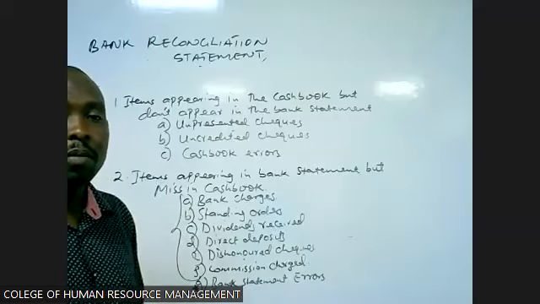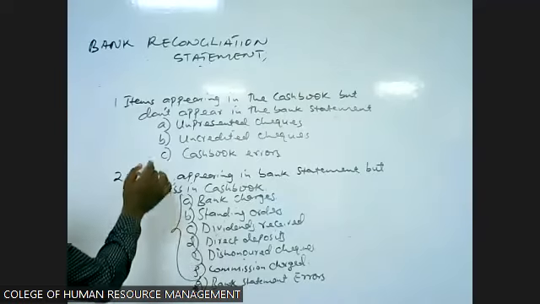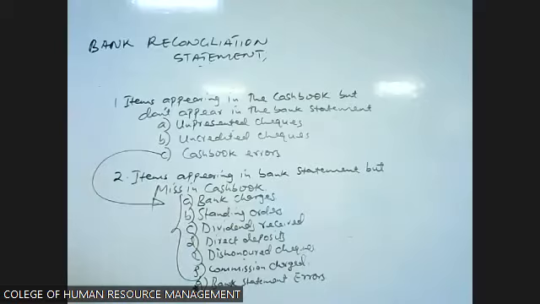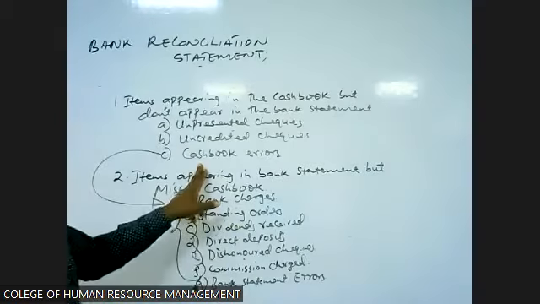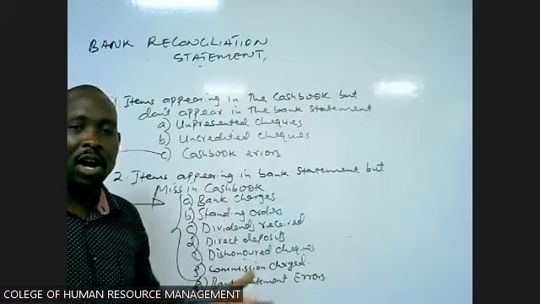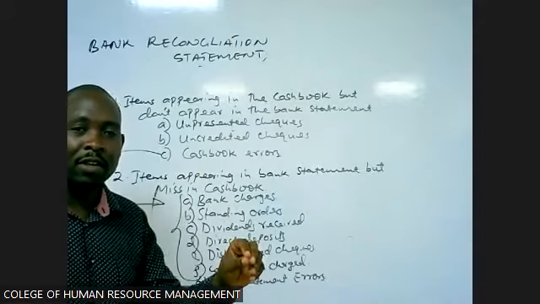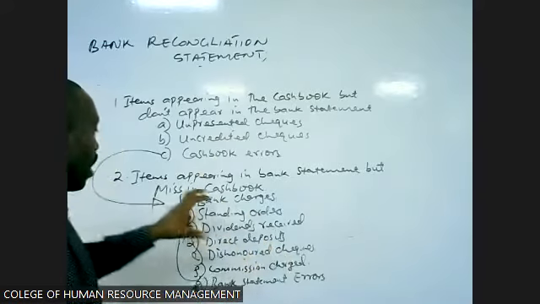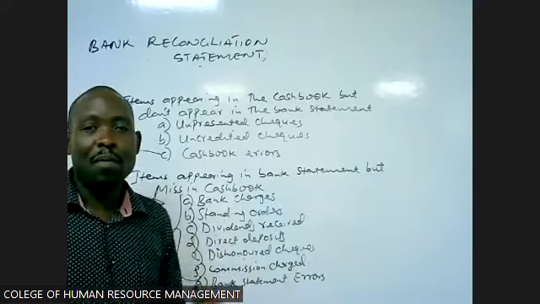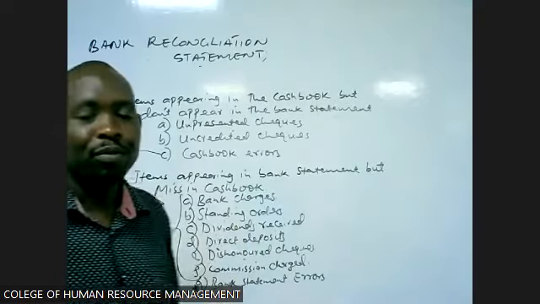They are used in updating the cash book, and also this one. How do you update the cash book? You update by adjusting the errors. If a cash book error occurs, you need to correct it with the updated cash book. And then you include these items that are missing in the cash book because they were supposed to be there.